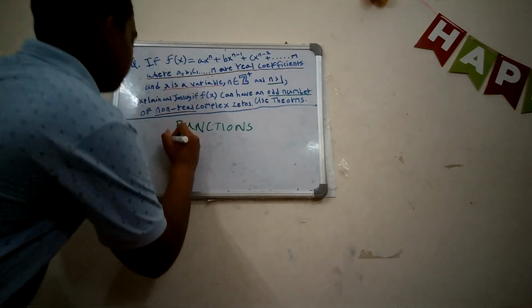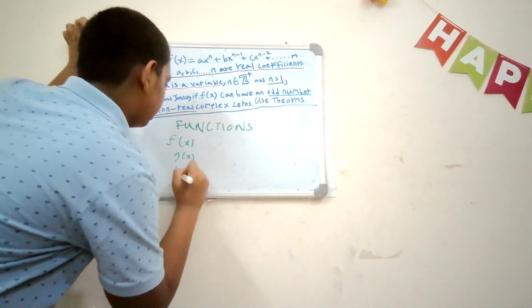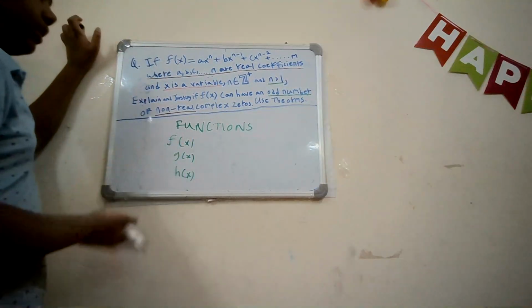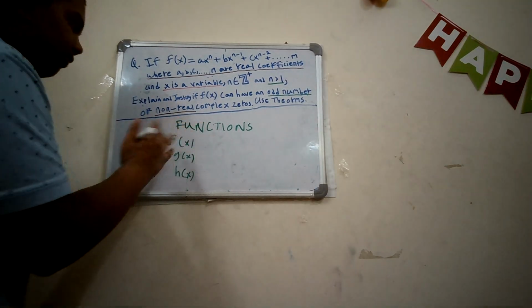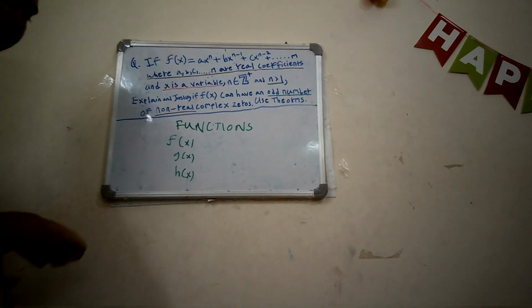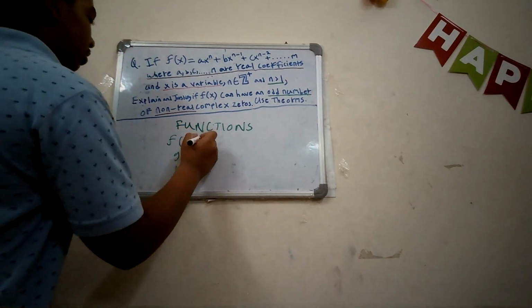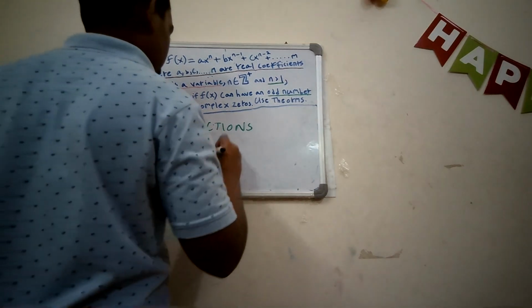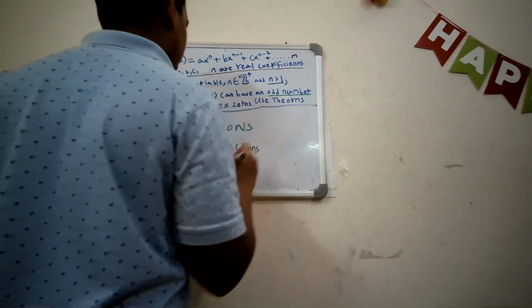It's basically in the form f of x or g of x or h of x. X is just a variable. It could be a, e, f, g. These are called functions.